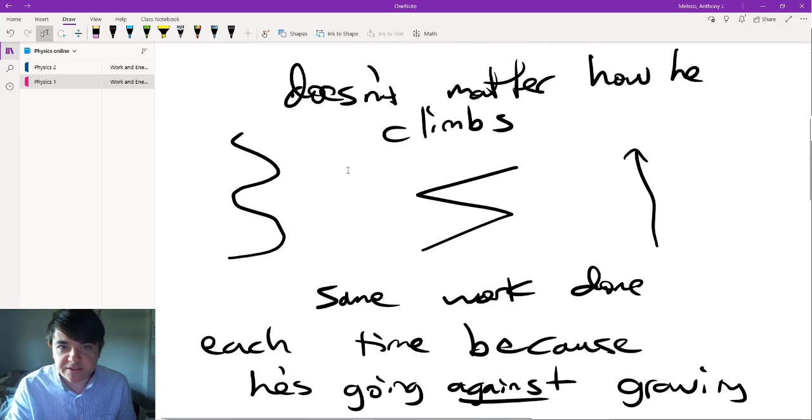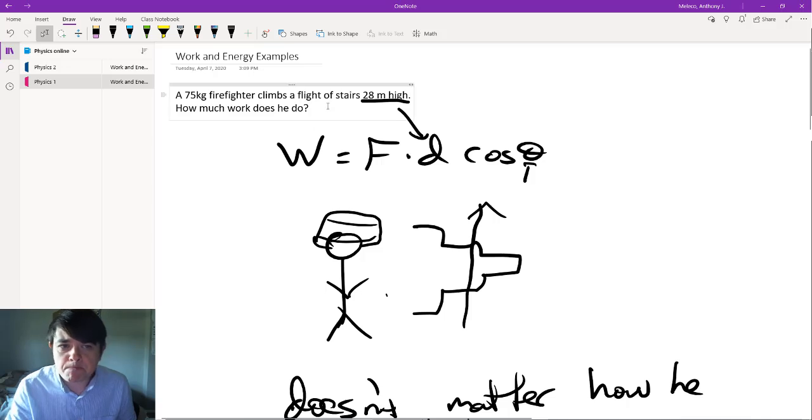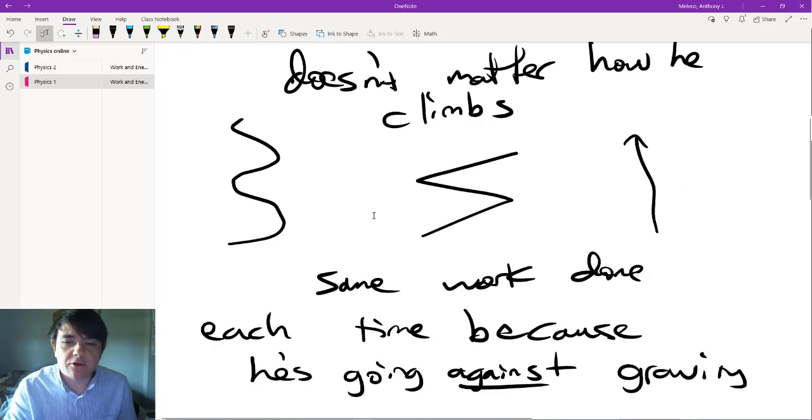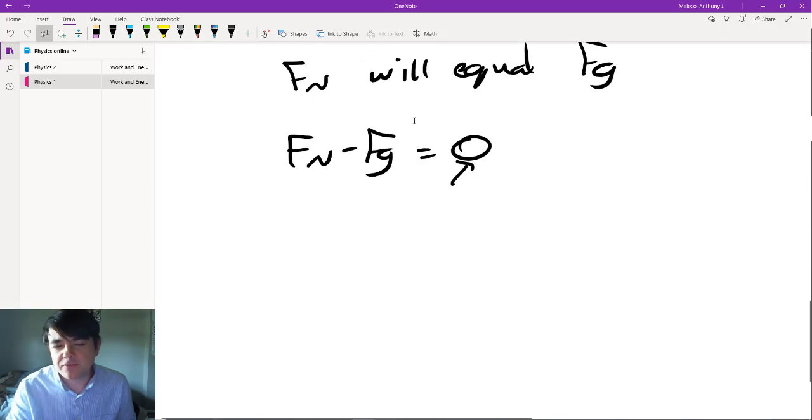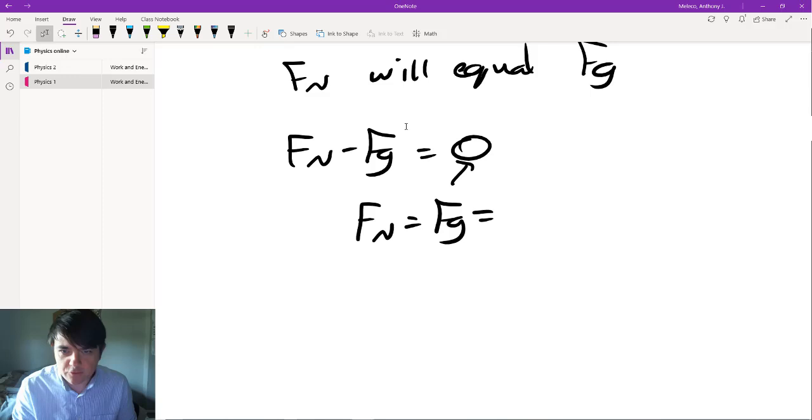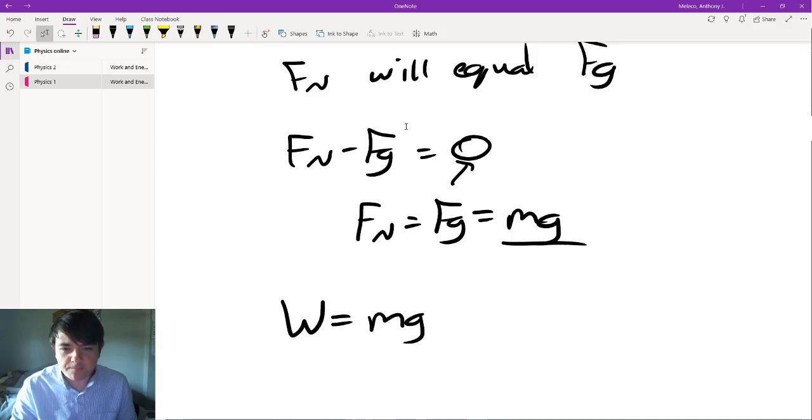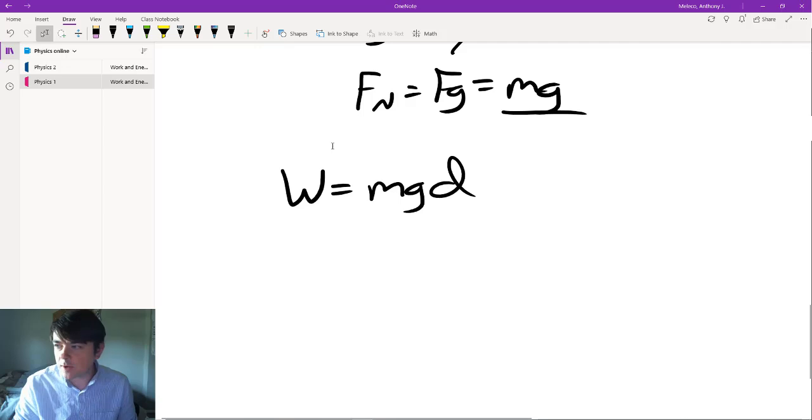You're not explicitly told that he's not accelerating, but they don't give you any information about his acceleration. So typically with these types of problems, there's none here. So the normal force equals the force of gravity, which equals mass times gravity. So the work done equals mass times gravity times the distance, and we're given all of that information.